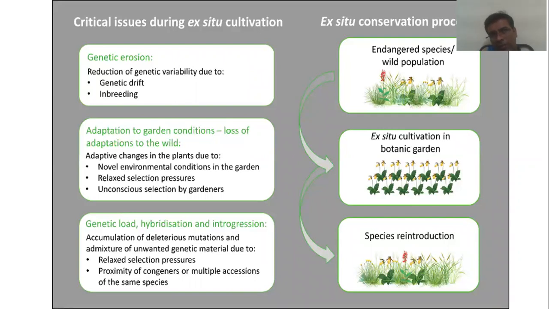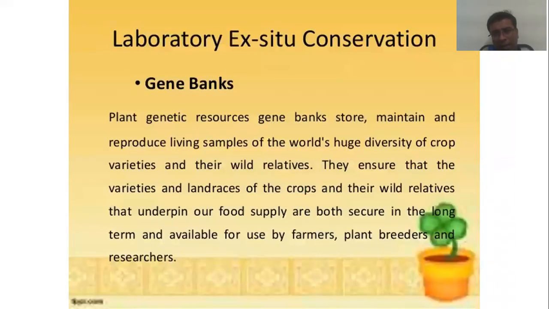Plants are the producers, so what are the animals that depend on these plants? We give protection from those animals so that the plants have plenty of time for development, growth and breeding. So this is ex situ conservation, and it is there in laboratory conditions.